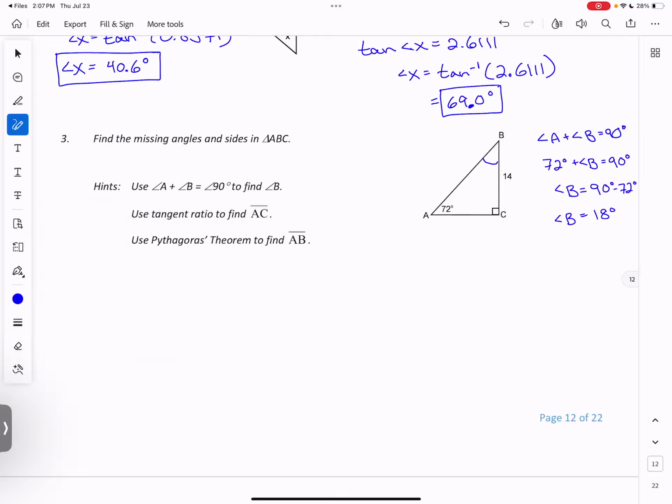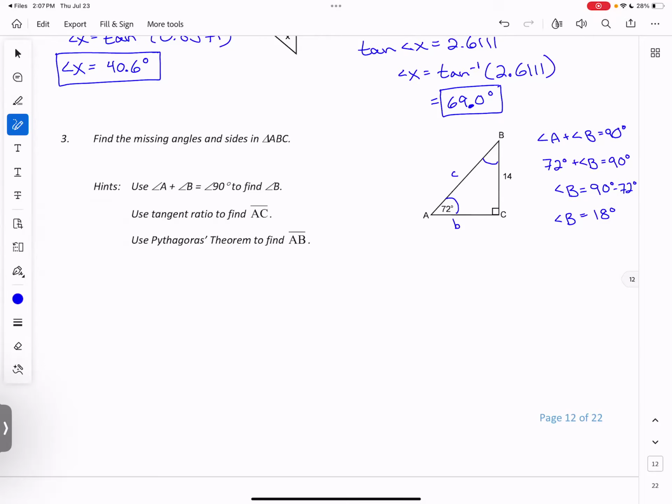Okay, so we know angle B, and we still need to know little b and little c. So let's start. When you can, I always like to use the information you've been given, just in case you have a problem later downstream of that.